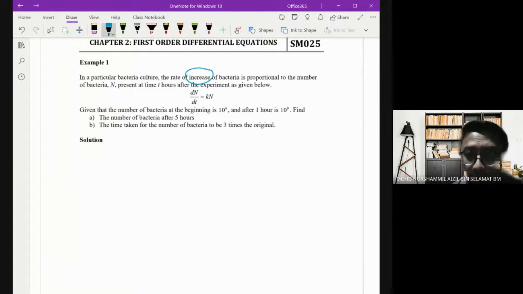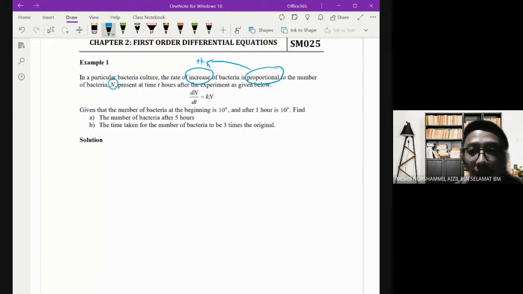Increase means that positive k. Proportional and increase. Define this one. Okay, positive k, the coefficient, to the number of bacteria n. So n is your variable.